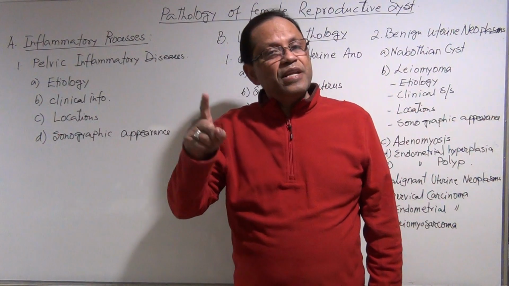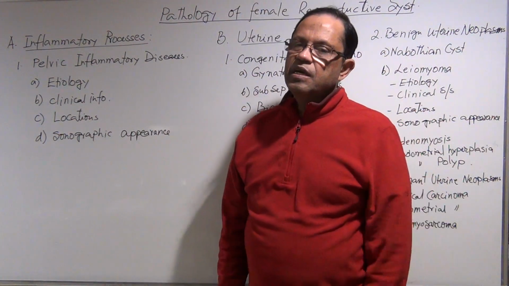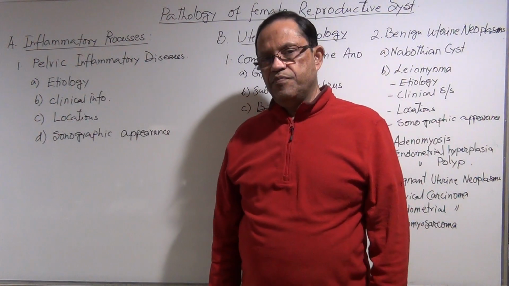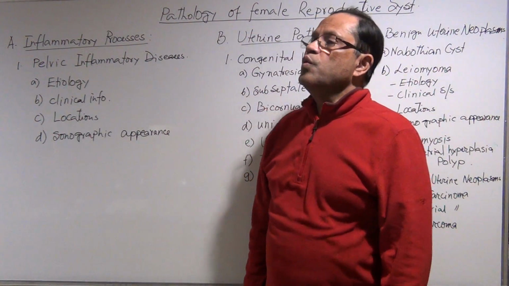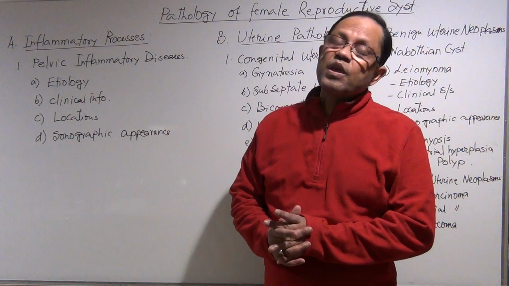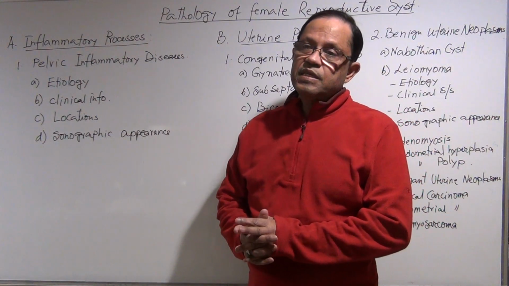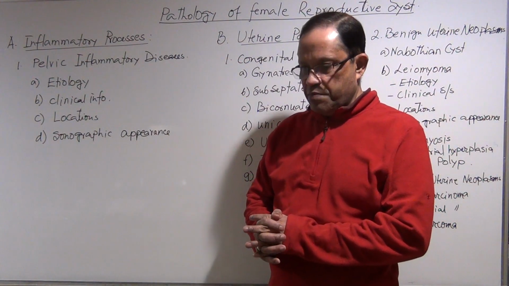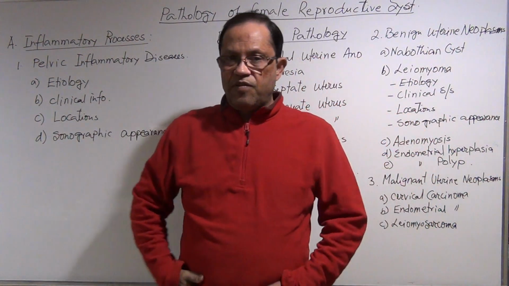Infection can migrate to the uterus, perimetrium, myometrium and endometrium. Okay, so we have to be very careful about these infections. And simply the patient may have infections to the pelvic floor.